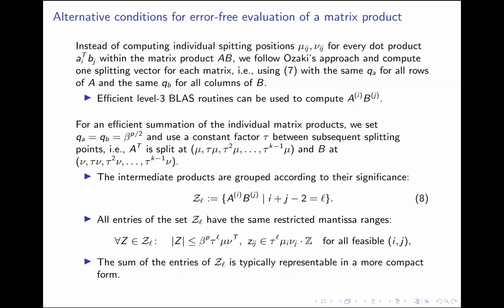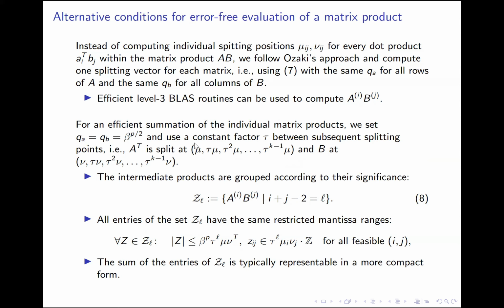A small but very important difference to the original approach is also that we don't recompute the splitting points for the main terms, but we pre-compute a constant factor between the splitting points that still ensures that all these products are evaluated without rounding error.